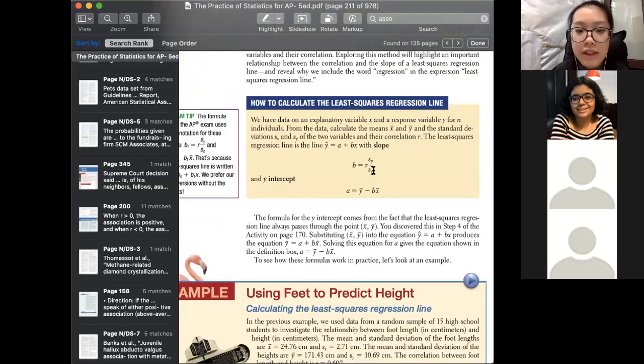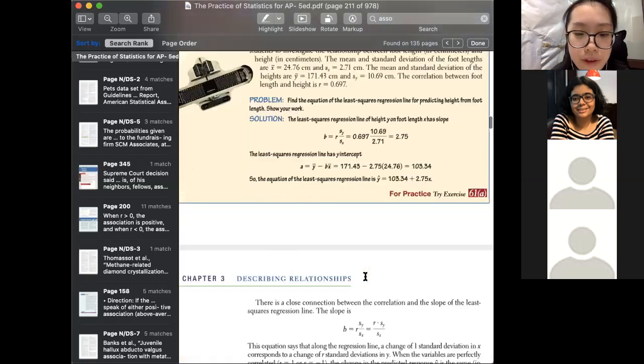This is also showing the way to calculate the slope. It's the standard deviation of y over the standard deviation of x, times our correlation. And this is a way of calculating our intercept. This is actually kind of useful.